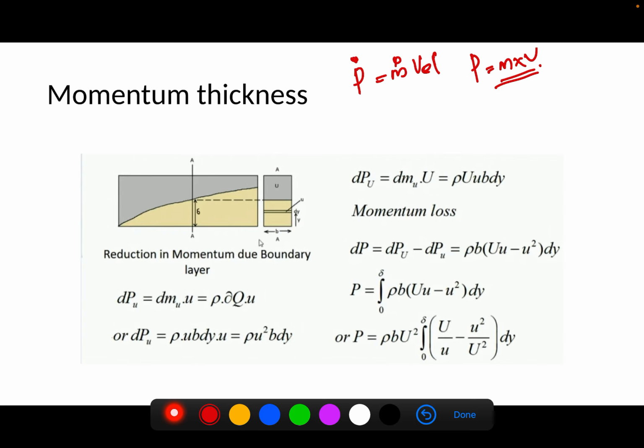Then p dot is nothing but m dot into velocity. M dot we know. So if we know the m dot through this small strip, we can calculate the rate of change of momentum happening through that strip. What is that?